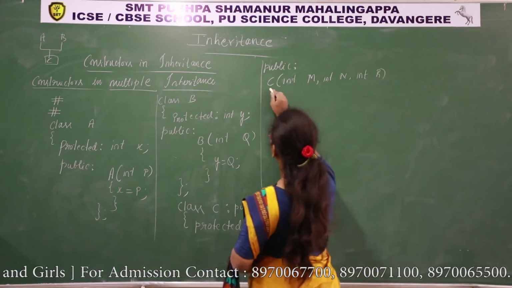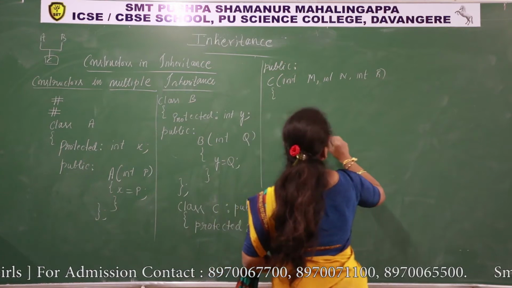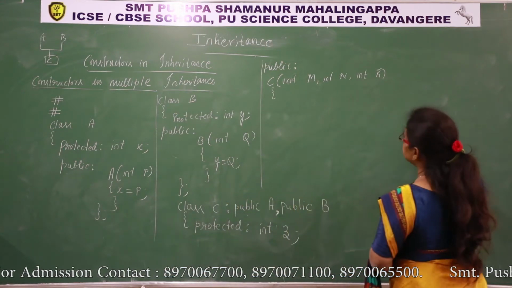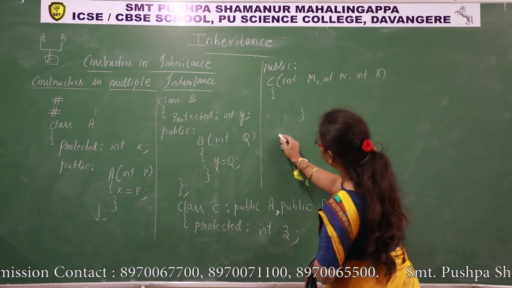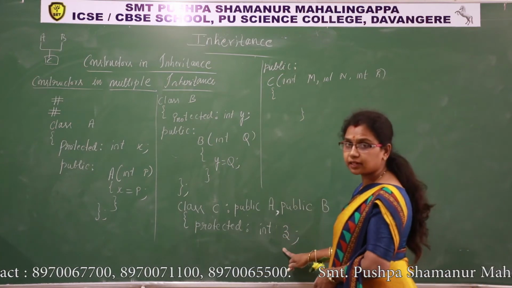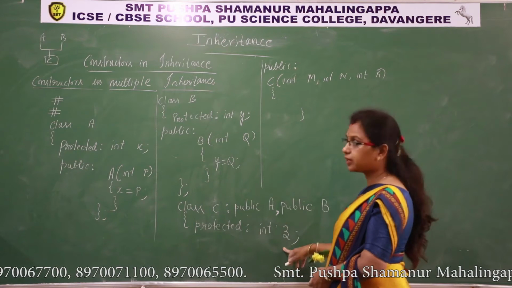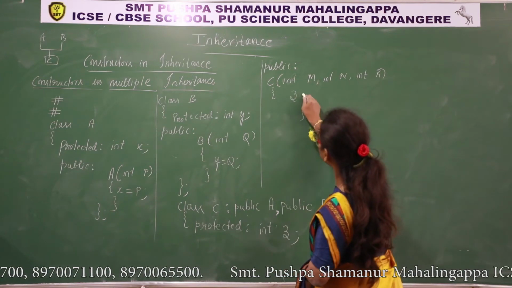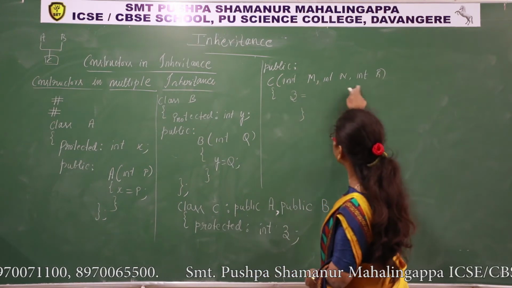Okay. Now the class C having one data member Z, I want to initialize this data member. So which value you want to initialize, you can choose among these 3.